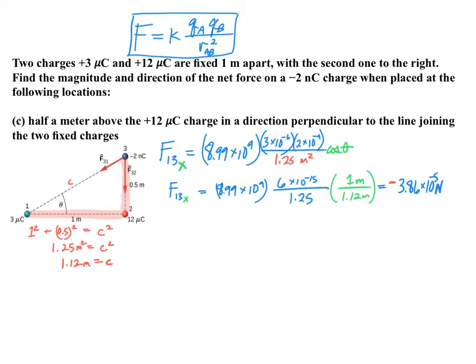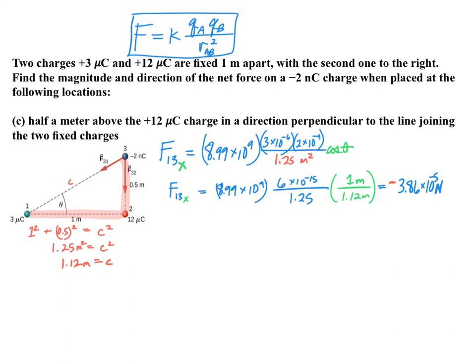All right. That's the only contribution that needs to get projected onto the x-axis. There are no other, because the force of charge 2 on charge 1 is a straight line. Okay?